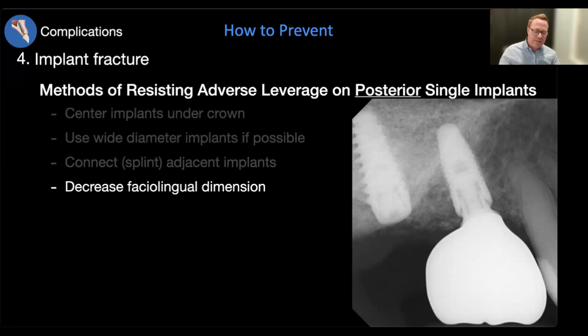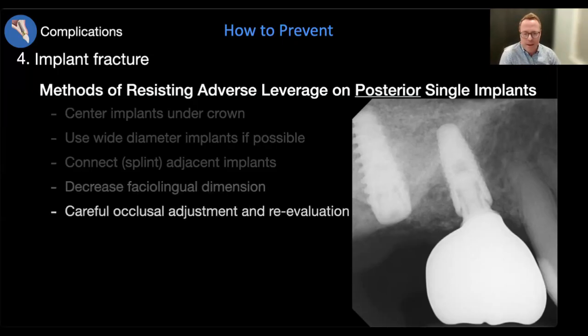You would also try to decrease the occlusal table, so make it a little smaller so you have less chance of applying forces outside the occlusal table. And of course, careful occlusal adjustment. And then the key one to this is the reevaluation, because just because I adjust the occlusion the day I put the crown in the patient's mouth doesn't mean it's going to stay that way the rest of their life.